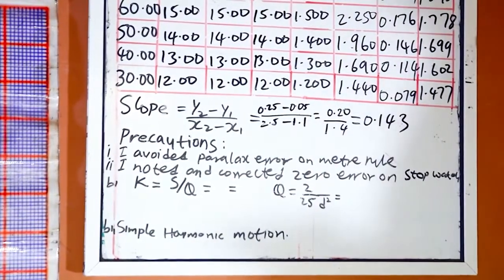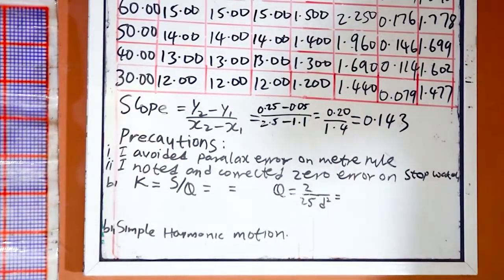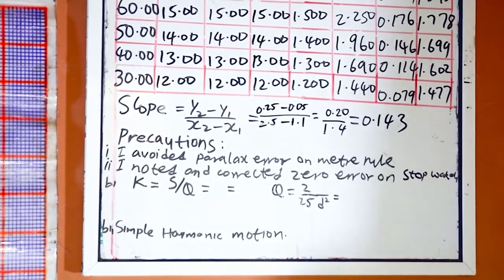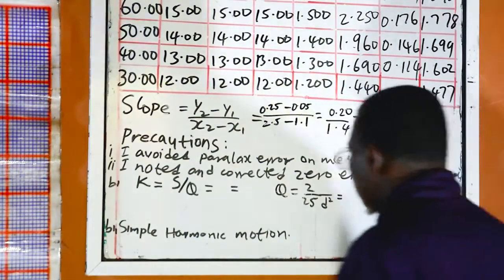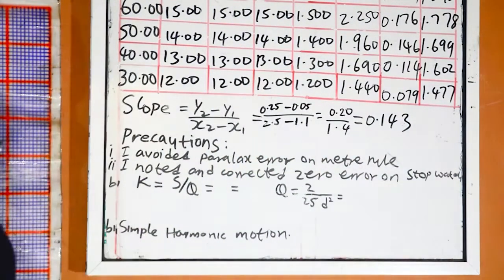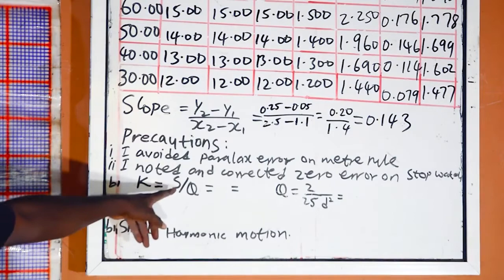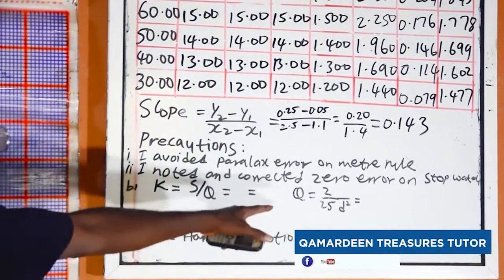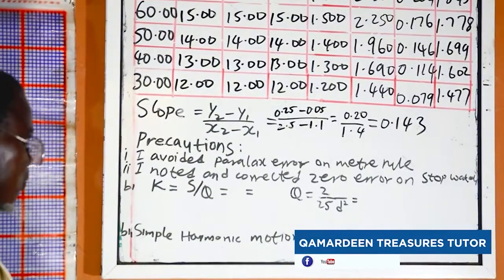Precaution: I avoided parallax error on the meter rule. I also noted and corrected zero error on the stopwatch. We are directed to evaluate K. Here K is equal to slope over Q, and Q is equal to 2 over 25 d squared.